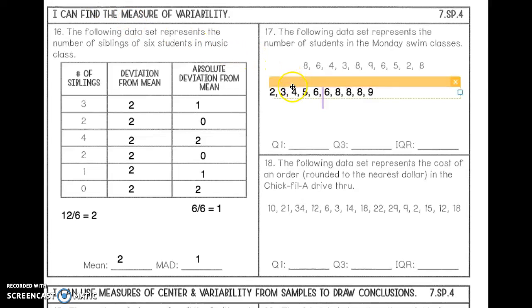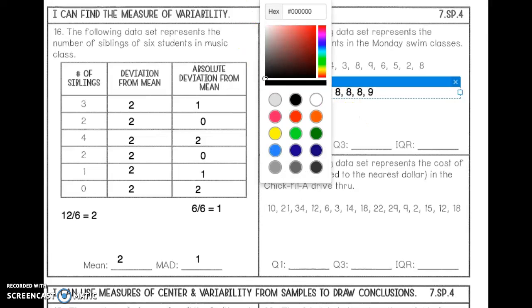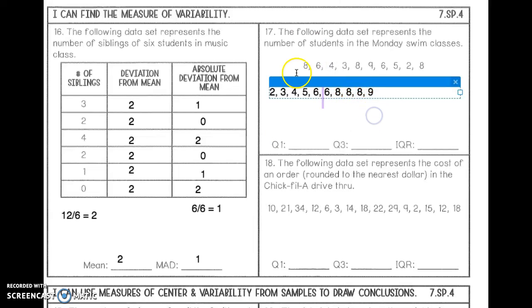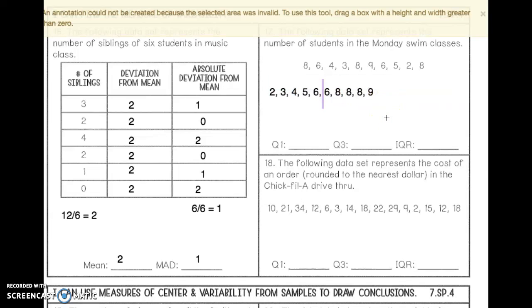Now, the IQR will just be this number right here in the middle of this set, and this number right here in the middle of this set.